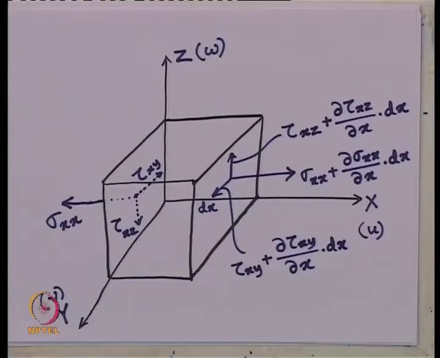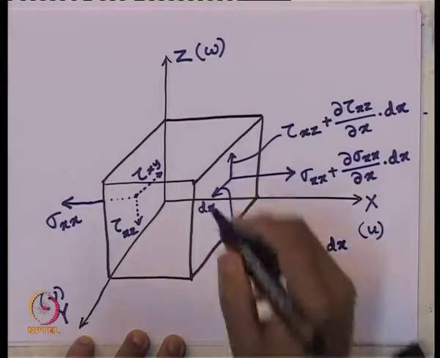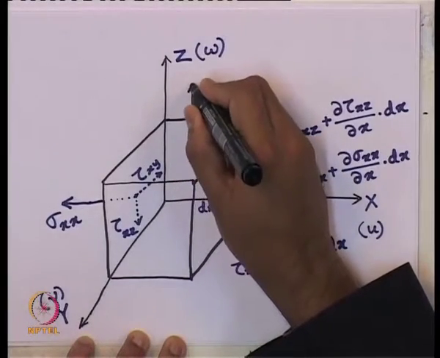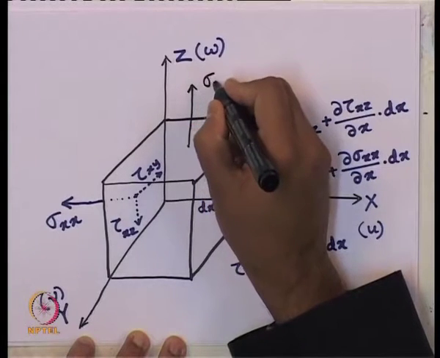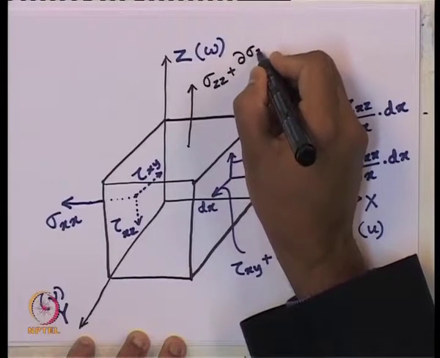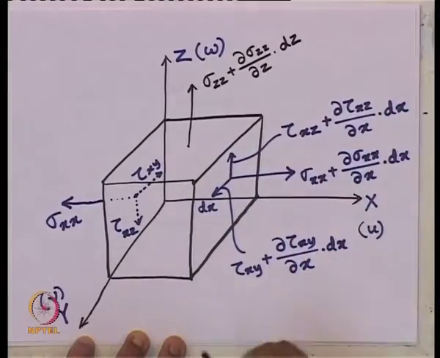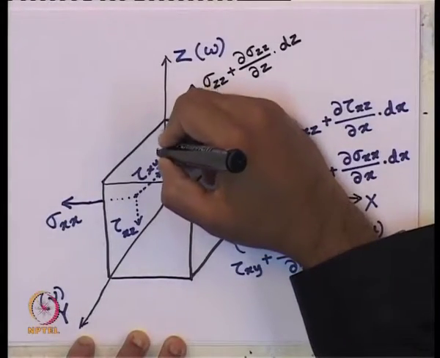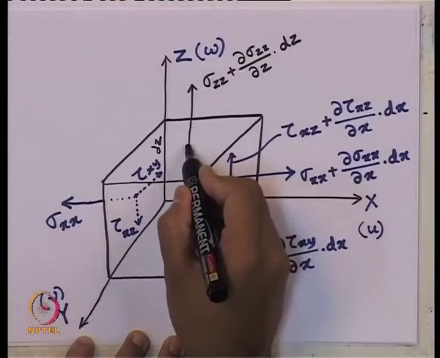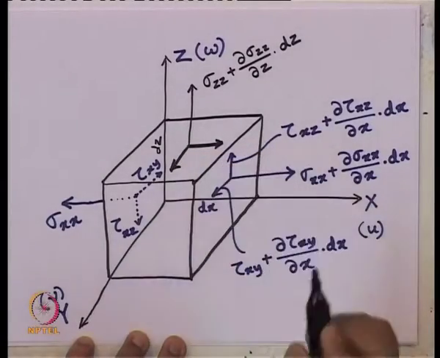Let us see what happens in the other faces. Let me draw on this face. Here the normal stress will be sigma z z plus del sigma z z by del z over a distance of dz. So, this distance is dz. In this direction one shear stress, in this direction another shear stress.